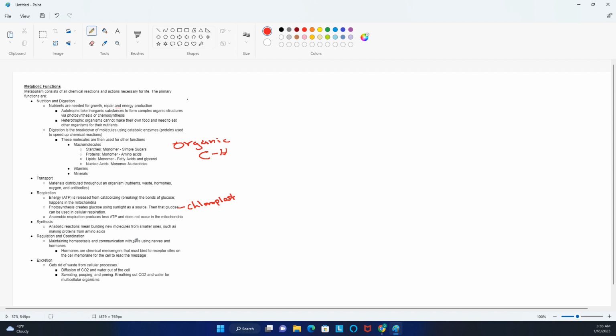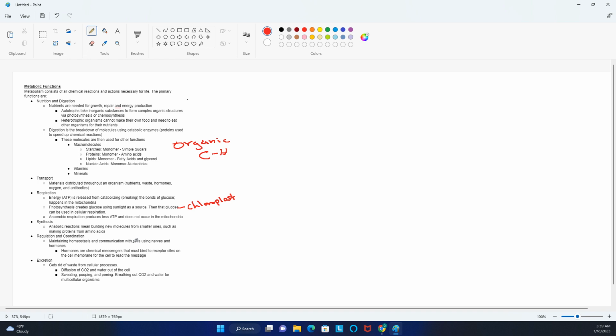But it can also be done by the organ structure of the excretory system, which is the sweat glands and your, what is it called, your poopy area. Anyway, so pooping, peeing, breathing out CO2, all of these are considered excretion. So it's actually a bunch of different systems within a multicellular organism. But the excretory system is what is going to handle all of that.